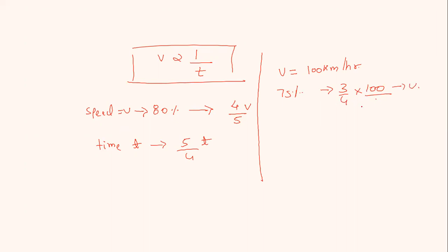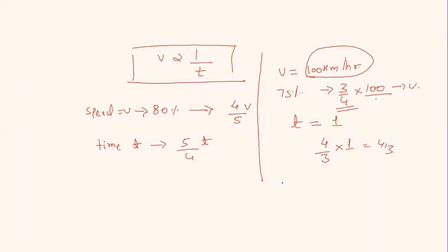What will be the time? If normally I take say 1 hour to reach a particular distance, today time taken will be 4 by 3 times, because my speed has reduced by 3 by 4. So time taken will be 4 by 3 into 1. You can calculate it separately also. This number doesn't have any significance, right?